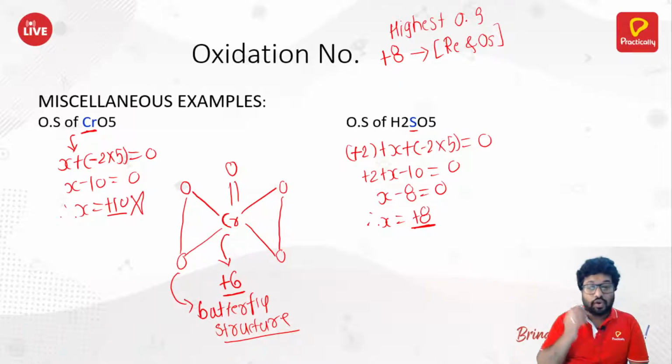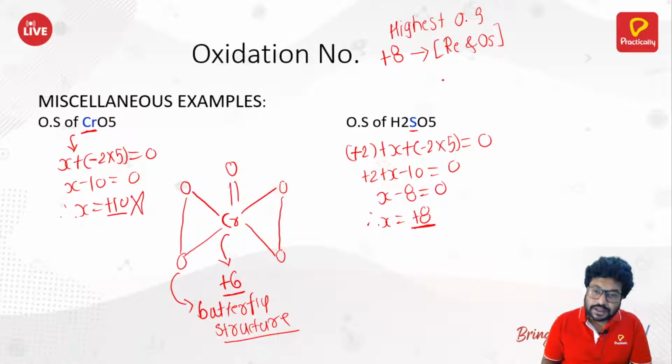Why? Now you should also know what oxidation states can be shown by a given element. We had seen earlier that sulfur can show oxidation state from -2 to +6 only. Now we will see the reason behind it. If you write sulfur's electronic configuration, the atomic number of sulfur is 16, so its electronic configuration is neon 3s2 3p4.